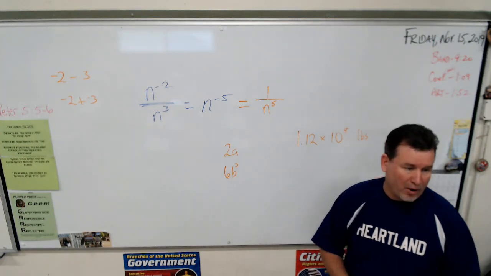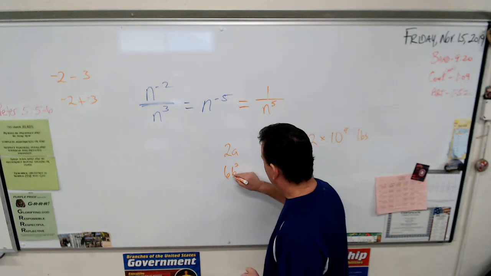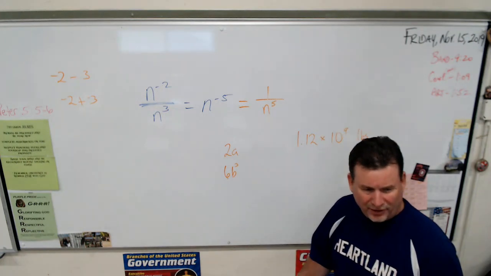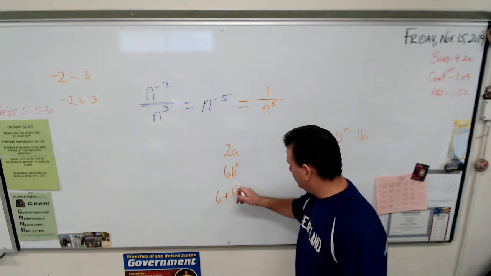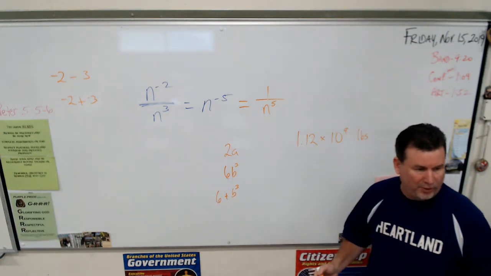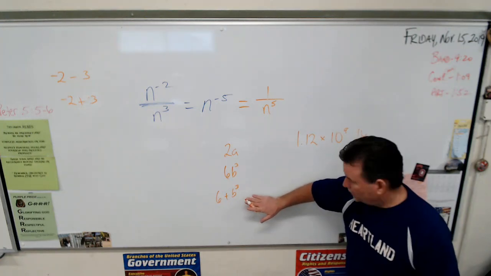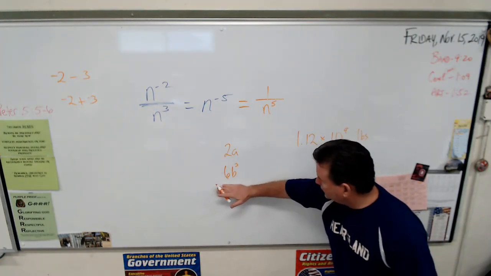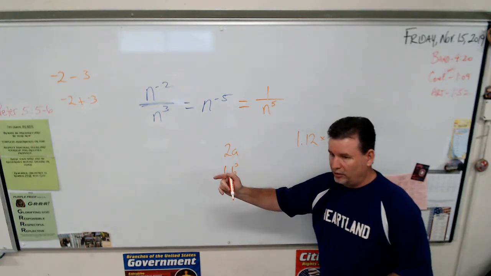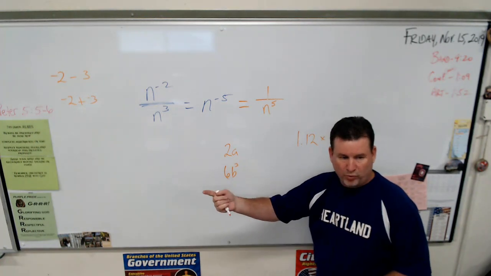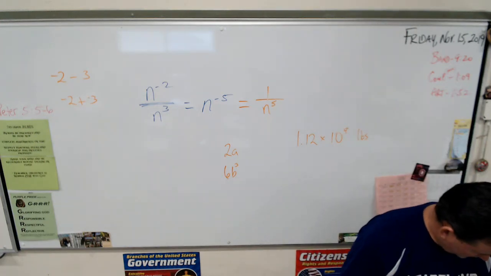If it was written like 6 plus b cubed, is that a monomial? No. This is 2 different terms that you would add together. This, since they're all multiplied together, is essentially one term. Mono means one. You learned that somewhere along the line, right? Yeah. Next.